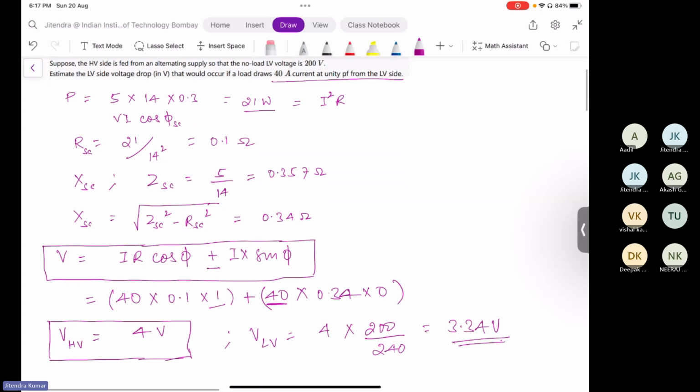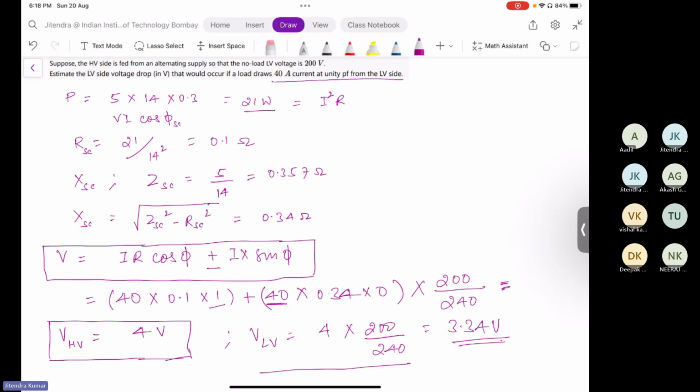So first the 40 ampere should have been transformed to the HV side, by taking the ratio 200 divided by 240. Then whatever value comes would be the voltage drop at the HV side. Now again we take the ratio, the transformation, to identify the drop on the LV side. I hope everybody got what mistake we made.